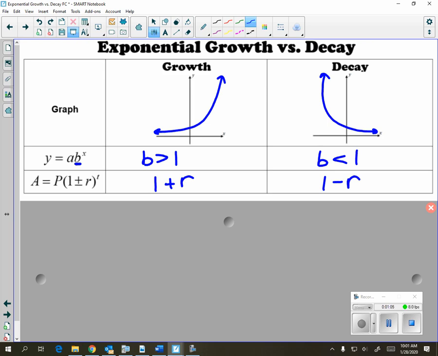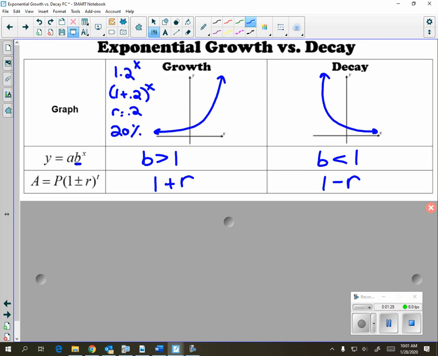For example, if you have a base of 1.2 to the x, because your base is 1.2, we can now express this as 1 plus 0.2 to the x, which tells me that my rate is 0.2, so that I'm increasing by 20%.